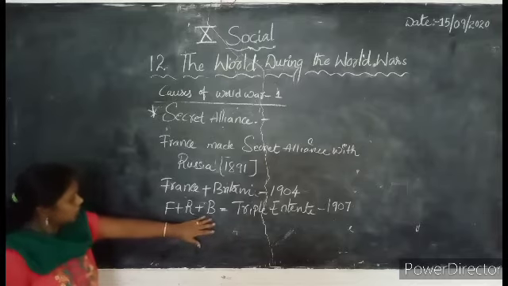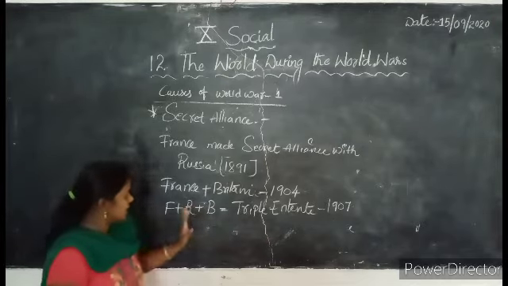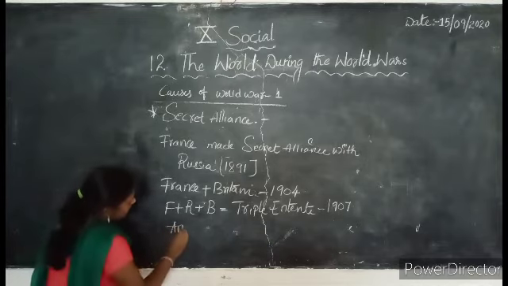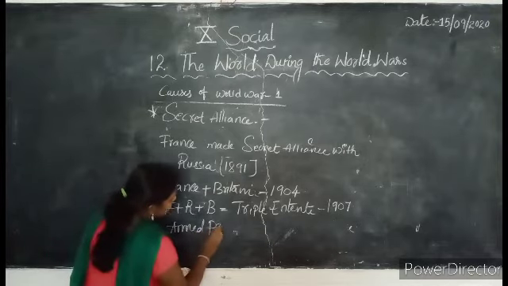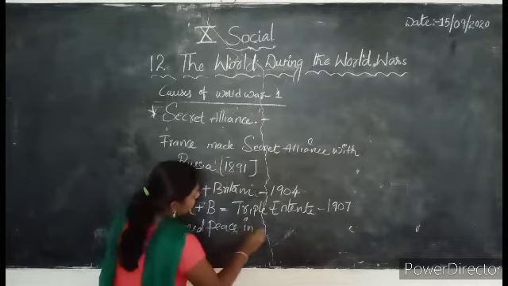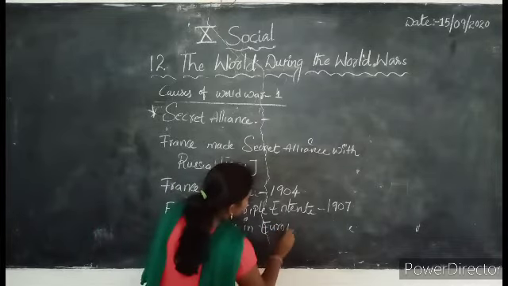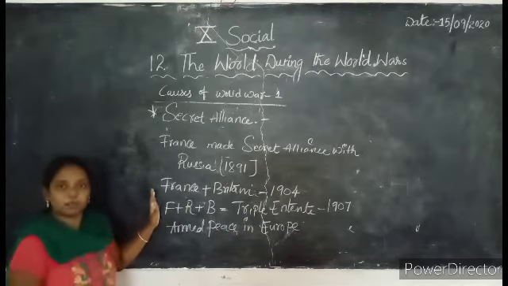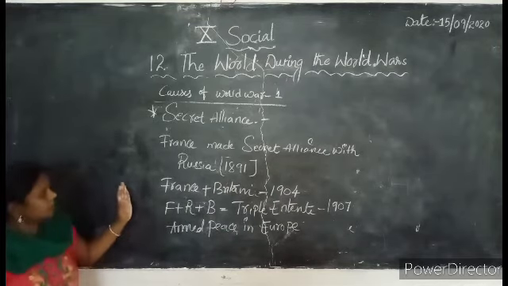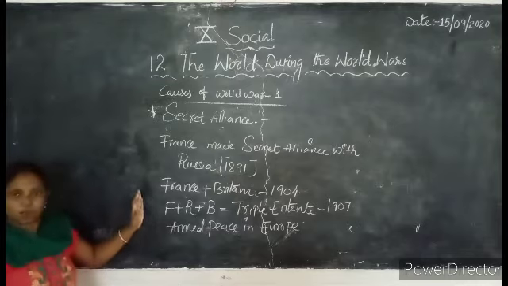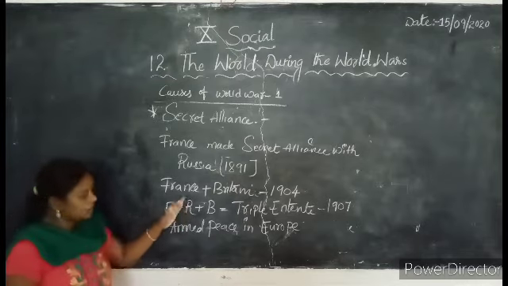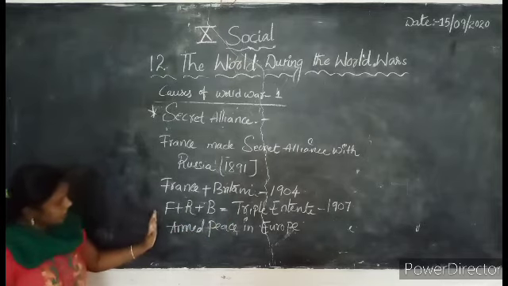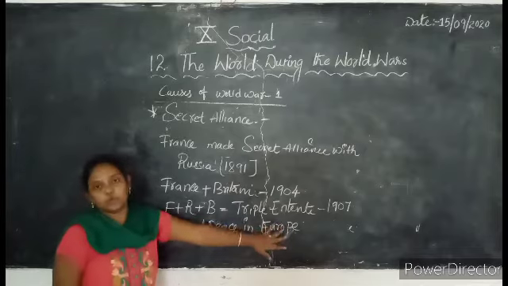In order to overcome that jealousy and suspicion, they started the armed peace in Europe. Secretly they had joined and started the friendship, but on the other side there was suspicion and jealousy among the countries which were joined together. So due to this, they started the armed peace in Europe.